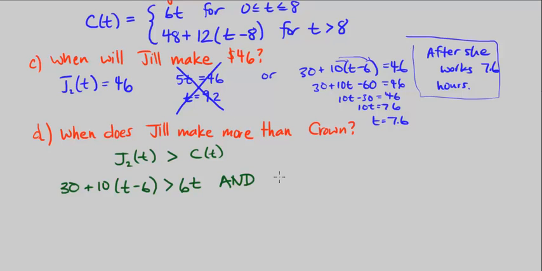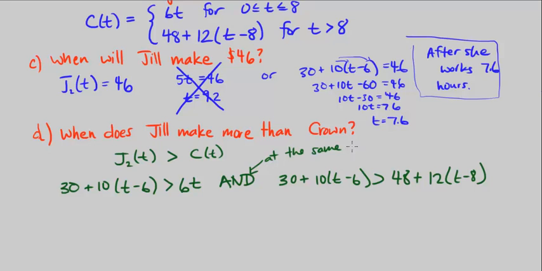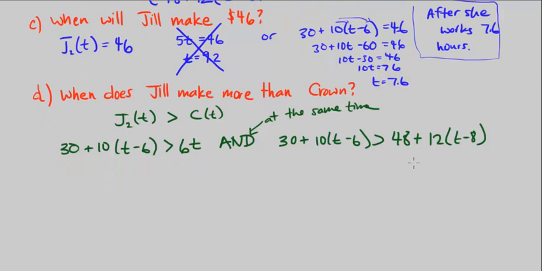When is Jill's money, 30 plus 10 times T minus 6, greater than this part too, 48 plus 12 times T minus 8? This is very important. The and means at the same time. We'll look into what that means further in a second.